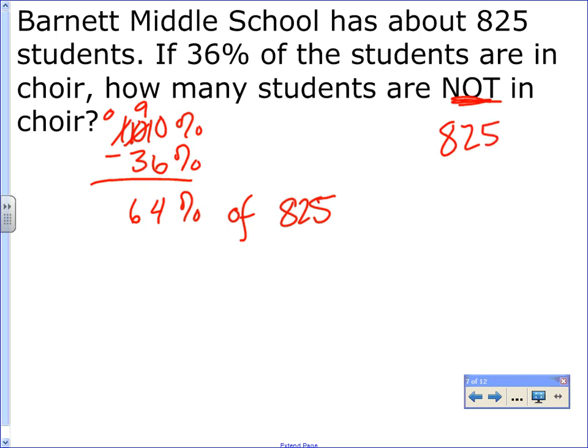So I'm going to do 825 times 0.64, and then I'm just going to multiply.